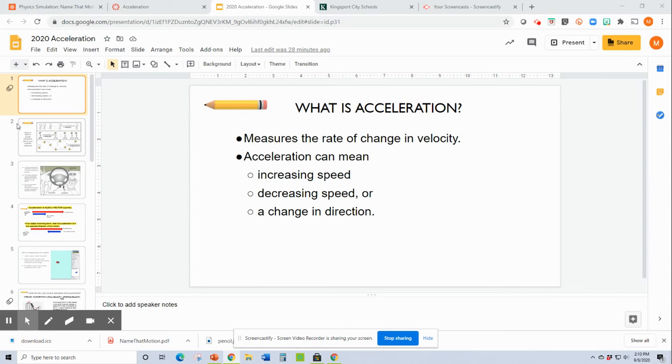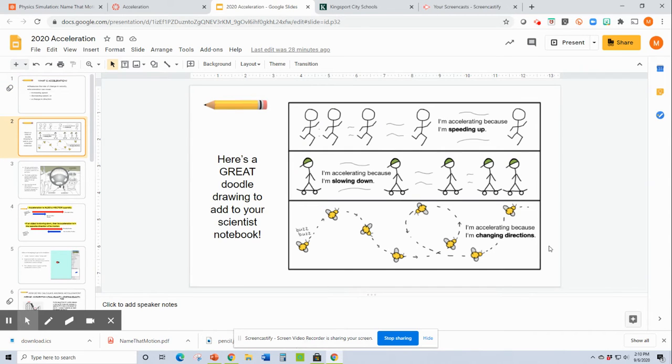We love this diagram, and I think that this would be a great thing to add to your scientist notebook. So here's a little person, and you notice it says I'm accelerating because I'm speeding up. Here's our skateboarder.